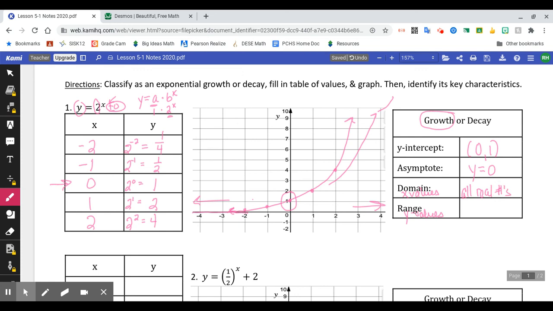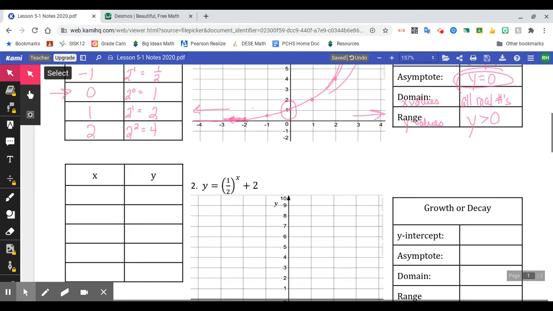For our y values, however, this guy is going to keep continuing to go up, up, up, like we talked about. So the y values are going to increase. But our y values down here, this guy's curving and is going to come really close to this value, but it's never going to actually cross it. So our range means it has to be greater than 0, because our boundary line, or our asymptote, is 0. So your range always has to be greater than what your asymptote is. Okay, it's got to be above that line.